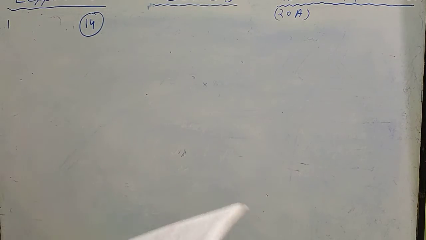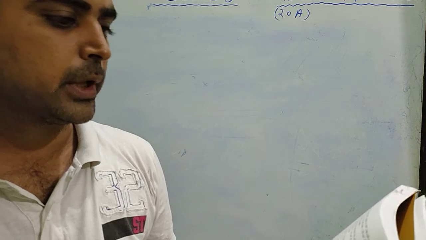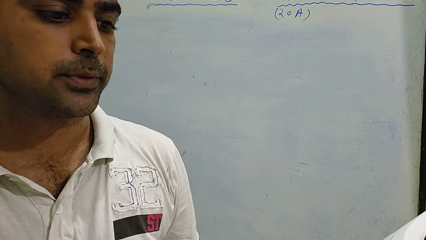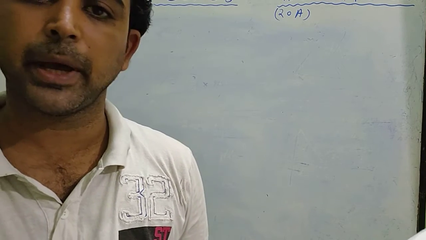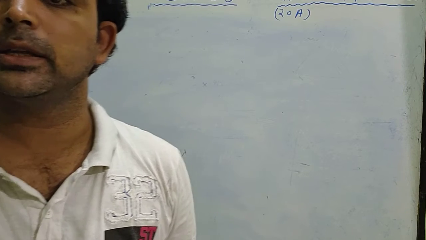Okay, now we solve question number 14. If the difference between the sides of the right angle triangle is 3 cm and its area is 54 cm square, find its perimeter. Okay, the difference between the sides of the right angle triangle is given as 3 cm.